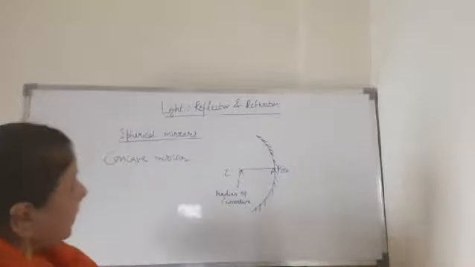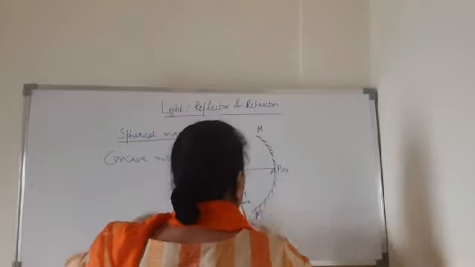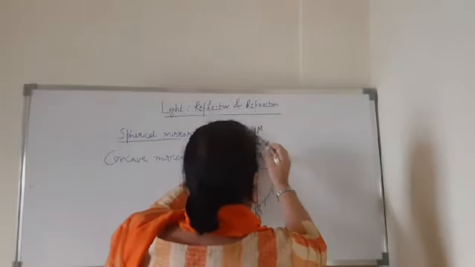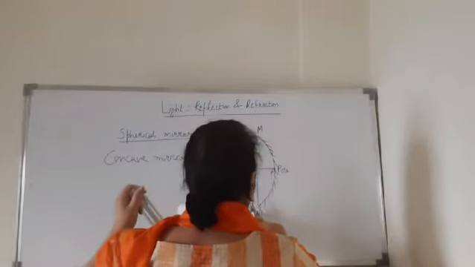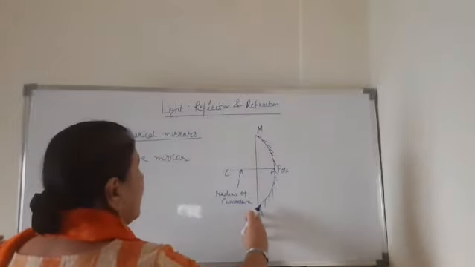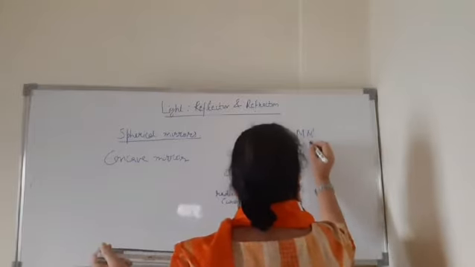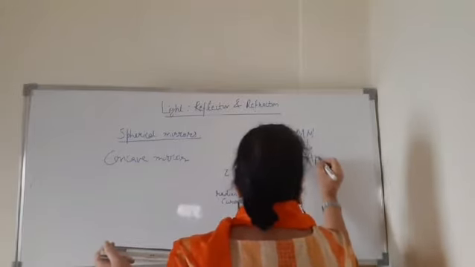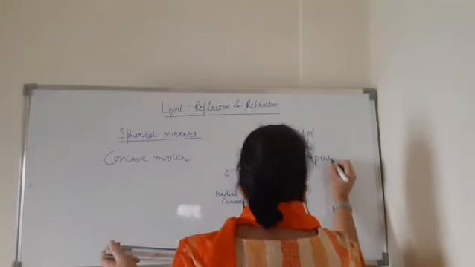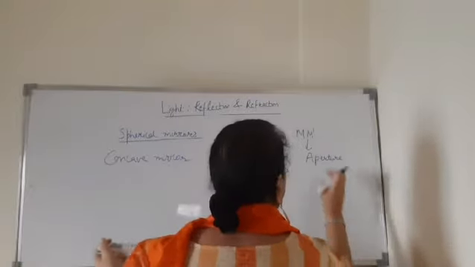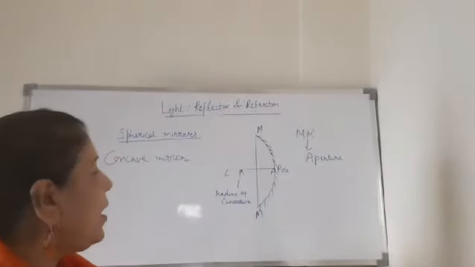Then let's say this is MM dash. The diameter of this reflecting surface, that is MM dash, is called the aperture.